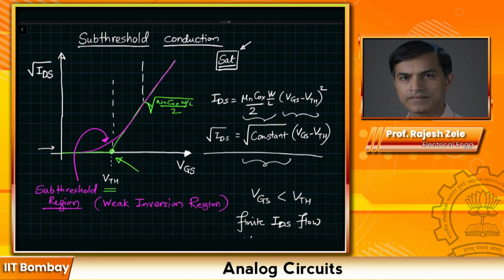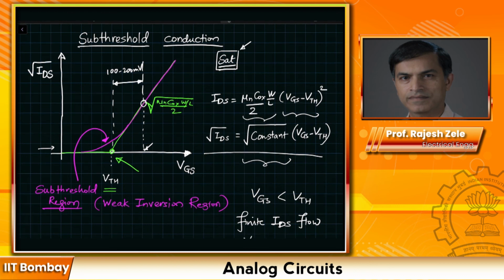For example, I would rather operate here in saturation than anywhere close to VTH. We like to design our circuits 100 to 200 millivolts away, so you would bias the transistor with VGS 100 to 200 millivolts away from the VTH.